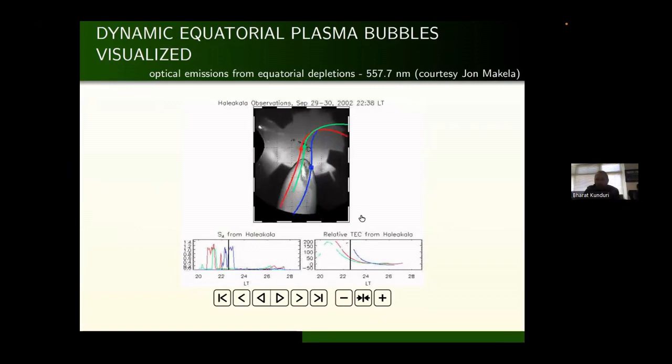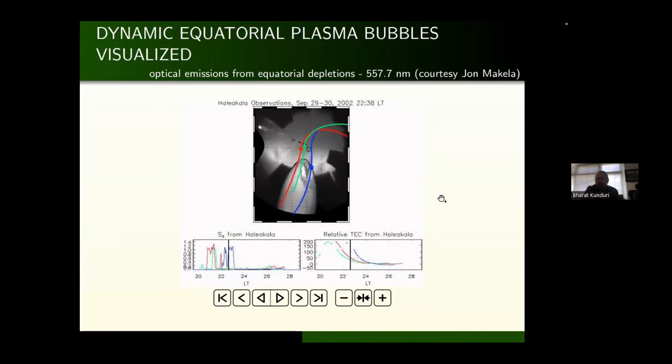And down below in the lower right, they're making relative measurements of TEC from the signal. And you can see that there's a little dot here, then it goes blank, and then it recovers again. So at this particular time, they've actually lost the signal from this GPS satellite. So this highlights what we're doing and what we're talking about in terms of space weather effects.